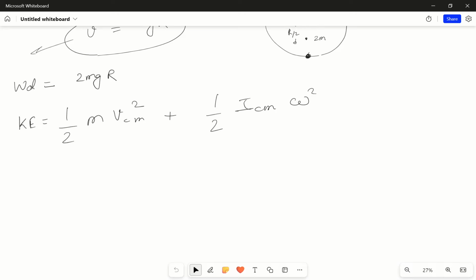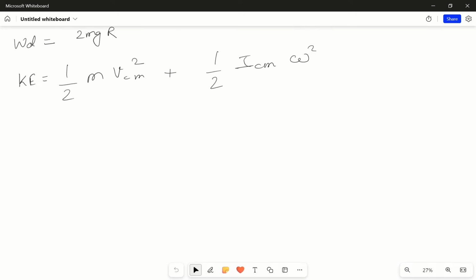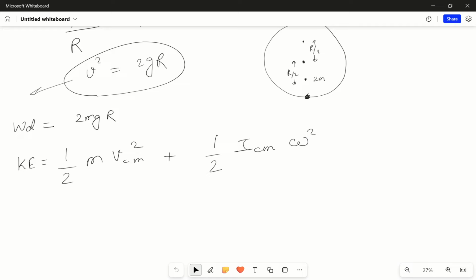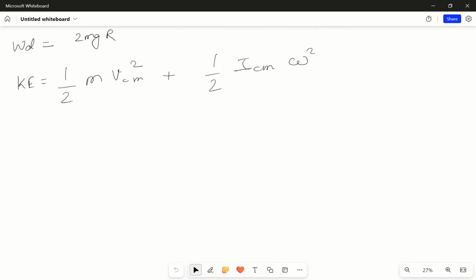So this is the formula for kinetic energy at any instant for a rigid body. So we can find the initial kinetic energy. But first of all, let's find what is this I about center of mass for this body. This is body A, object A. It is here, and this is the center of ring. This is center of mass. Okay, so we have to find I about this.